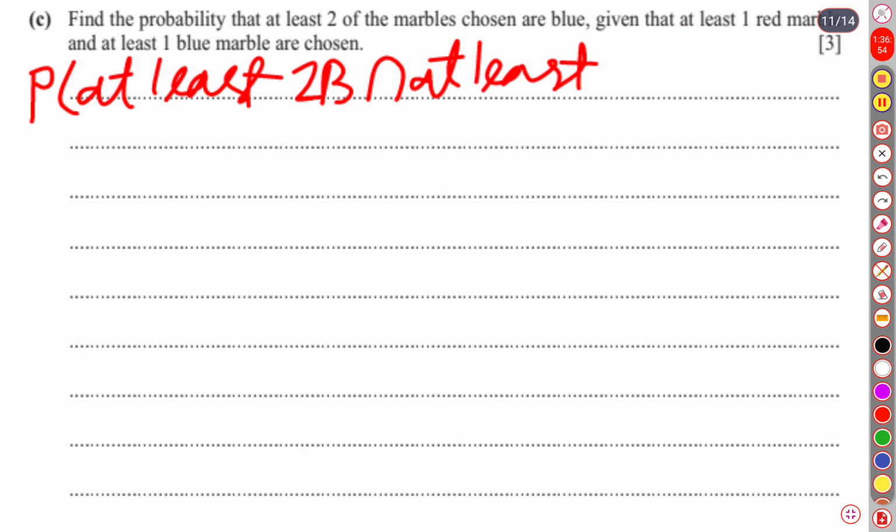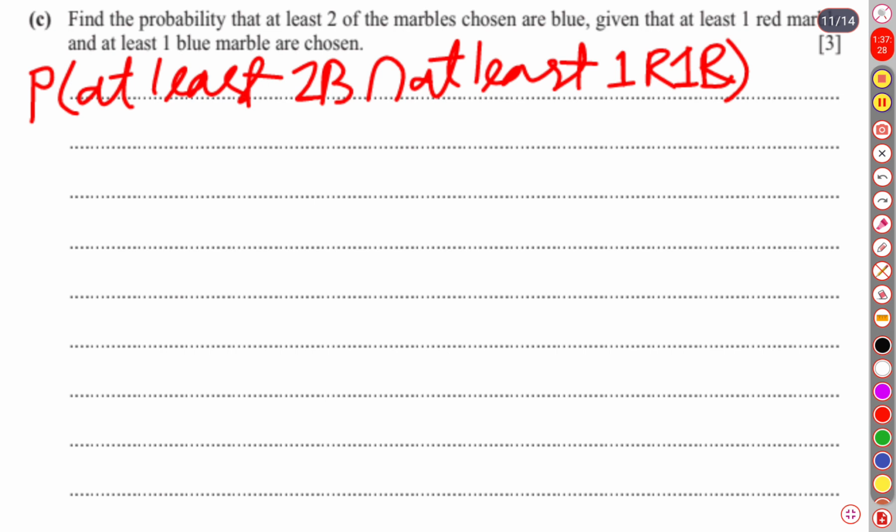At least one red marble, one blue marble means already there are two blue marbles. So at least one red marble is equal to, or if you are confused, I can write this. You may get confused that why didn't I write blue, though it's all the same.